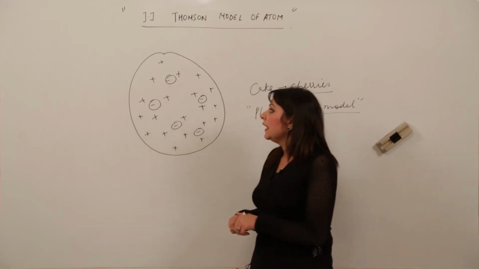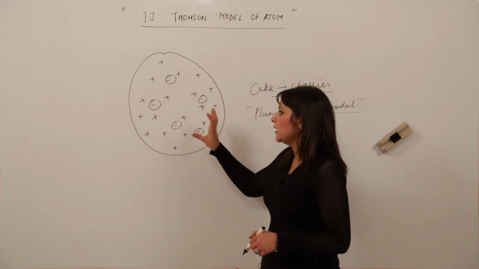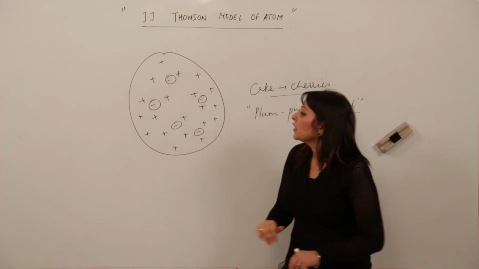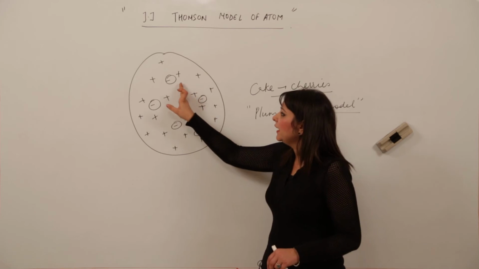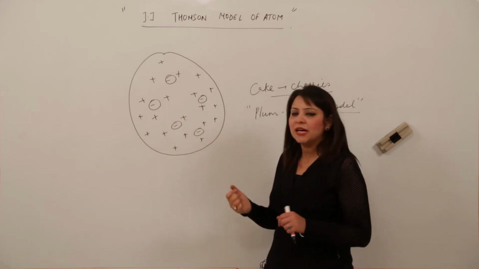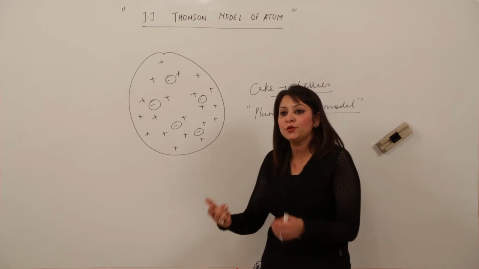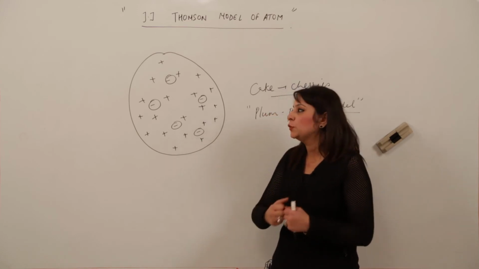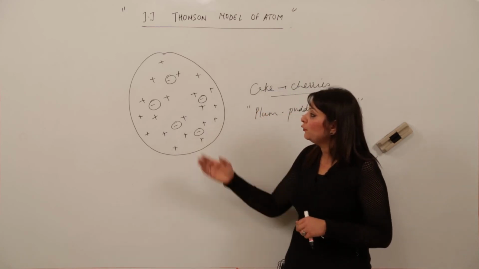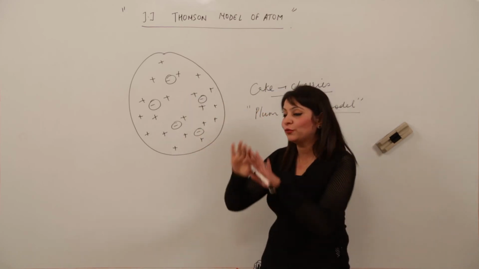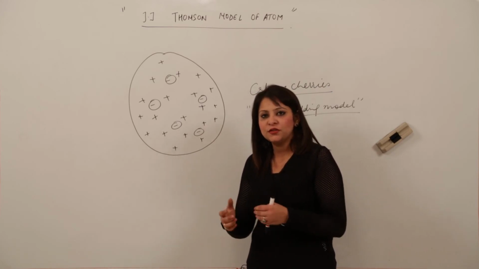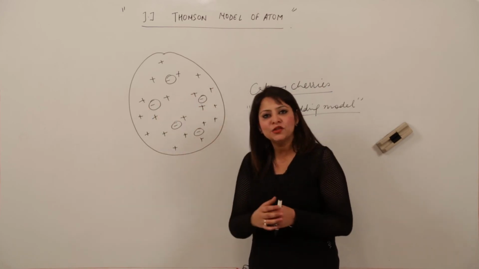Listen to me again. He said that a few negative charges are scattered. He knew that opposite charges attract each other. He knew that many scientists would raise the question of how it is possible that a few negative charges remain scattered in a huge positive charge sphere. They would have been neutralized, the positive charge would have neutralized this small negative charge.